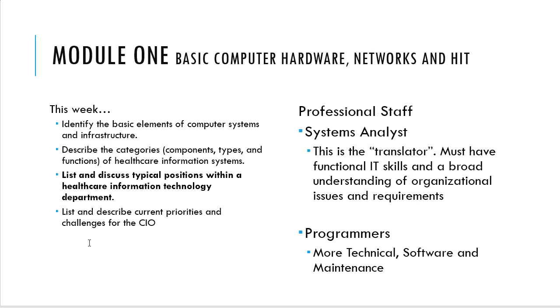And the programmers are that more technical software and maintenance type person. They may not have the soft skills, and certainly not the clinical knowledge, but they're very important and integral because of their specific knowledge base that's really geared around the technical aspects of the software.